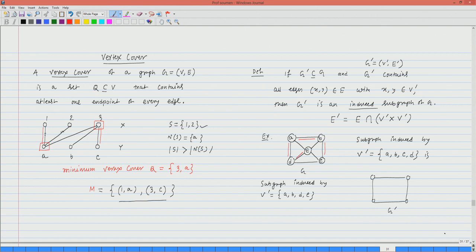So, all these edges will be in the subgraph, but not this one. Okay. So, the subgraph induced by this is this one, A, B, D, E. I hope the definition is now clear.